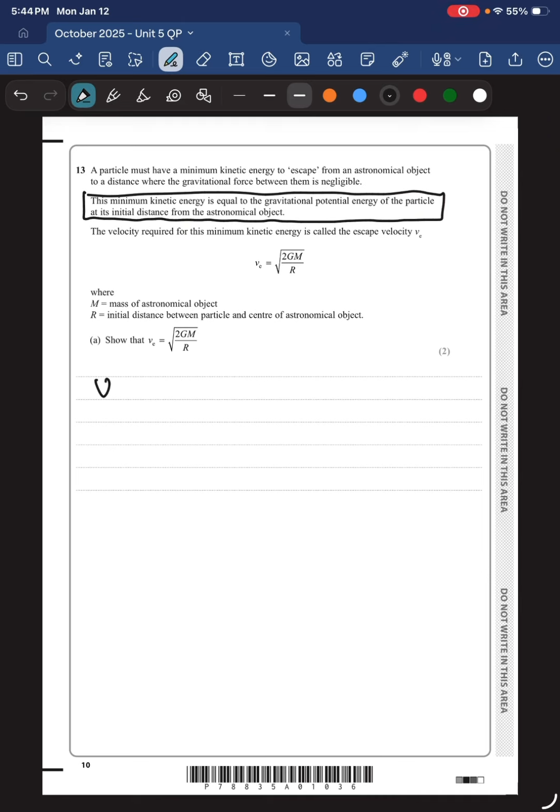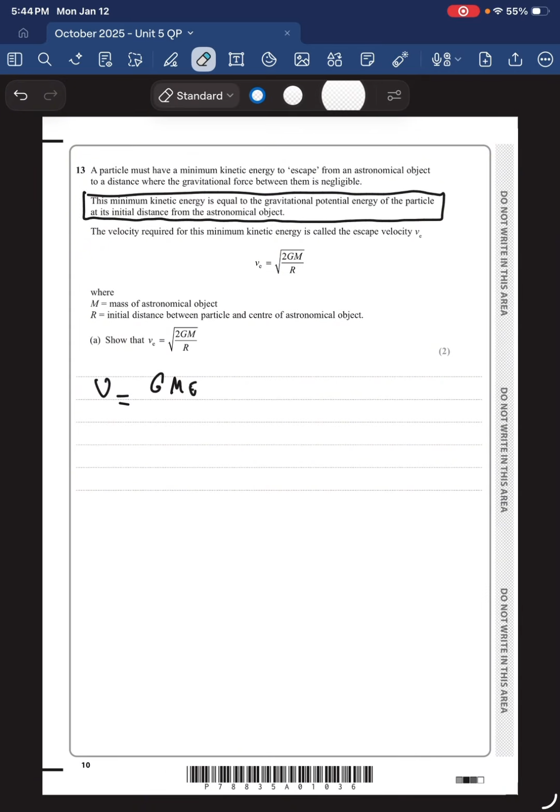We have the gravitational potential energy: G times the mass of, it doesn't have to be the Earth, it can be any astronomical object, so G times M times the mass of the object over R. That's the gravitational potential energy when the object is on that astronomical object.